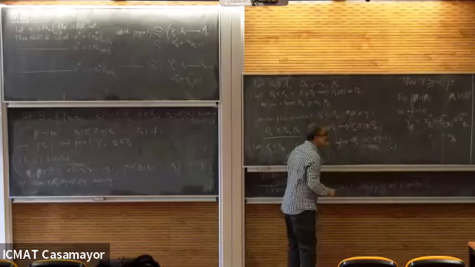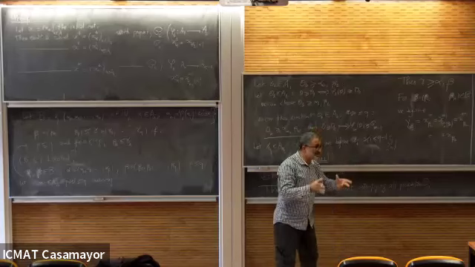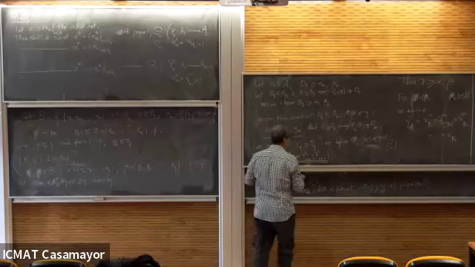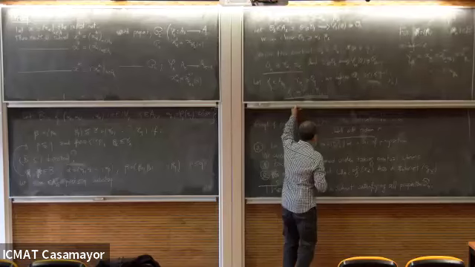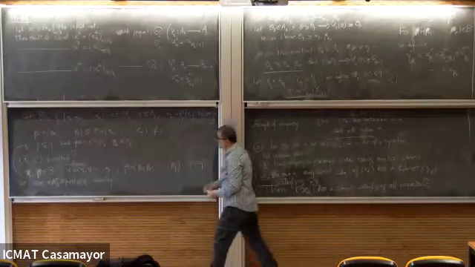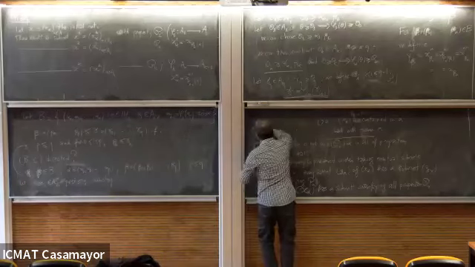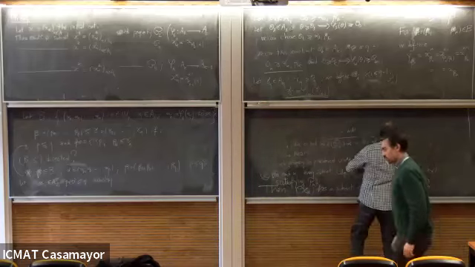And now I will check that this net is a subnet of my initial net and an eventual subnet of every x_k. And if I show this, you get the result. So it's still to check two things.